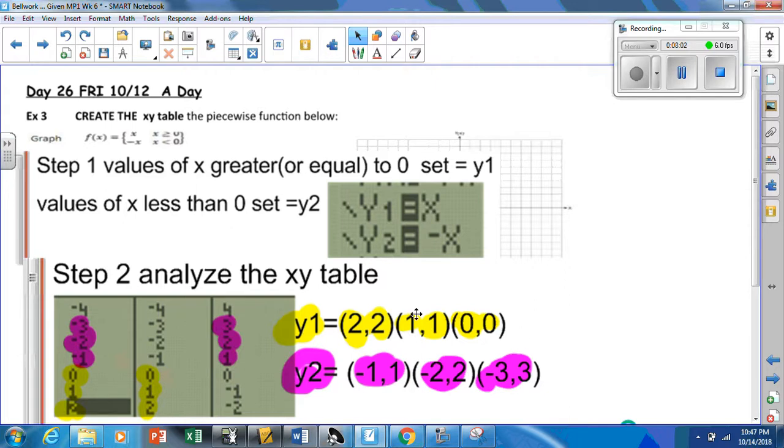Every place we see that the x value is less than 0, we have our purple values. Now this is actually more correct when we acknowledge it has to be greater than or equal to.